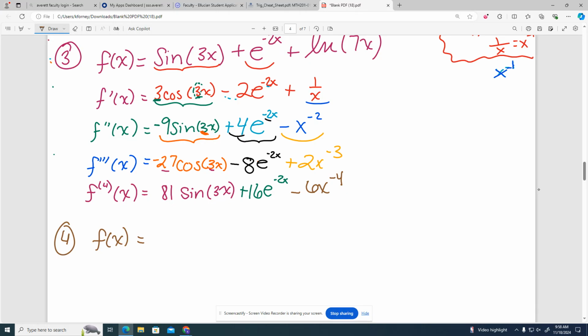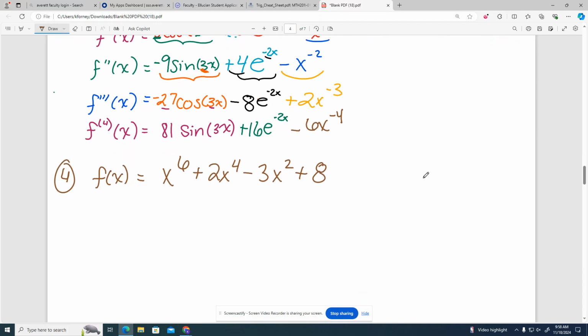Okay, so f of x equals, I'm going to make this up. x to the 6 plus 2x to the 4th minus 3x squared plus 8. This is easy because I feel like the last one was not.